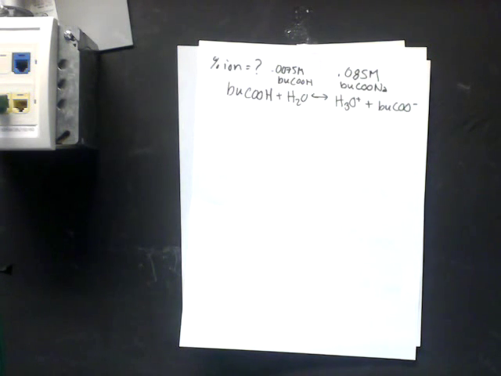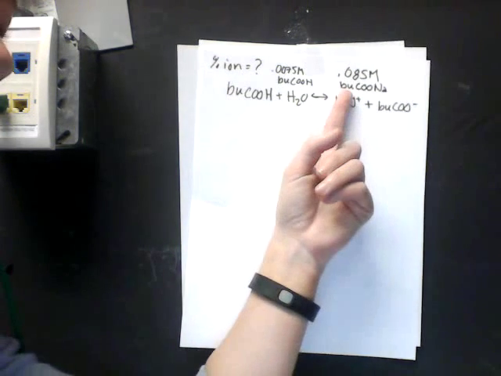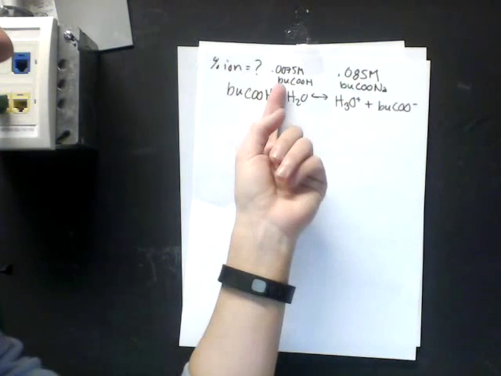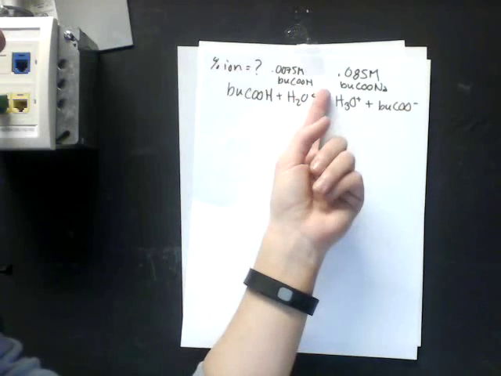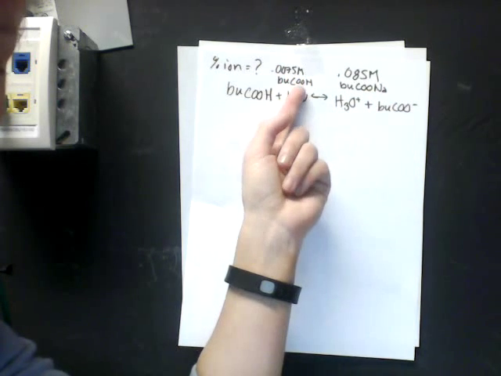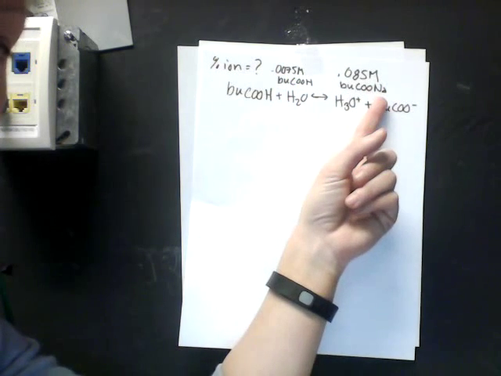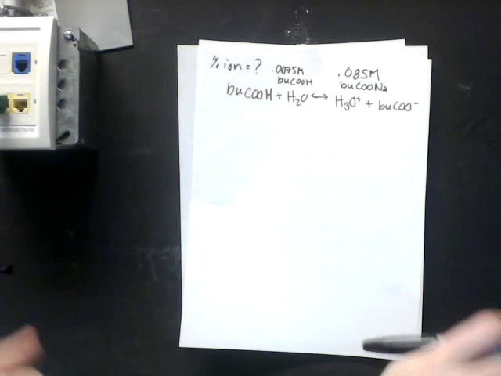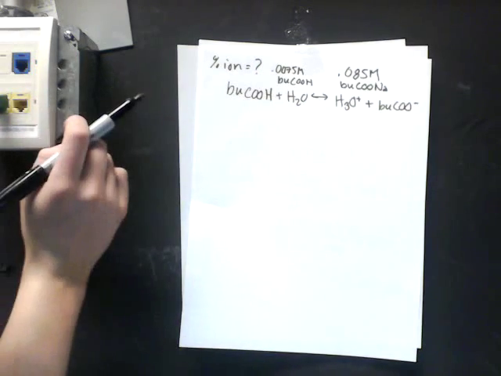Sodium butanoate is something like this: instead of having BuCOOH, we have BuCOONa. So we took off that acidic hydrogen and put a sodium in replacement of it. That may be a little hard for some of you to wrap your mind around.